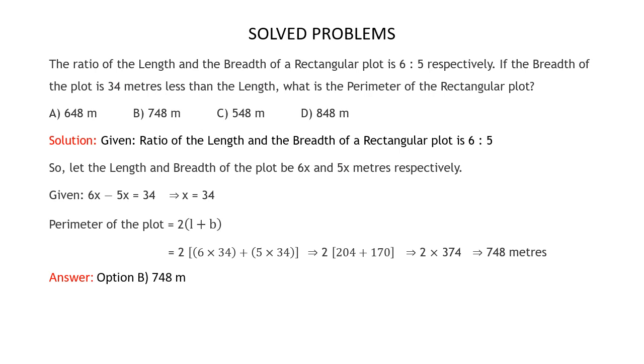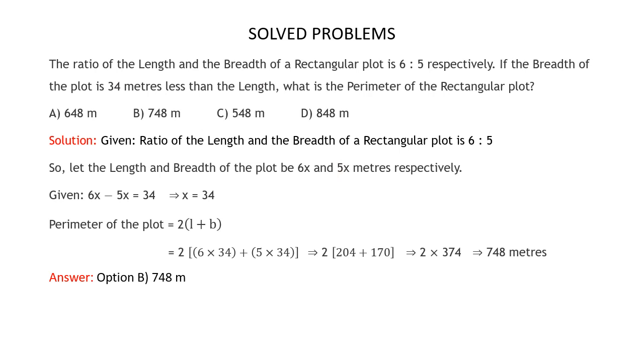Now we are asked to find the perimeter of the rectangular plot, which can be found out using the formula perimeter of the rectangle is equal to 2 multiplied by L plus B. Now we know that length is 6x. Now since x is 34, the length would be 6 multiplied by 34. Now breadth is 5x.